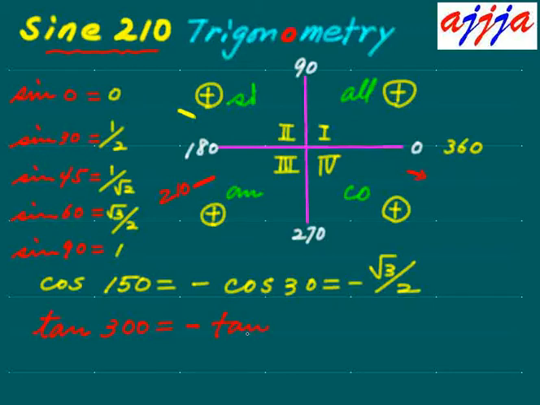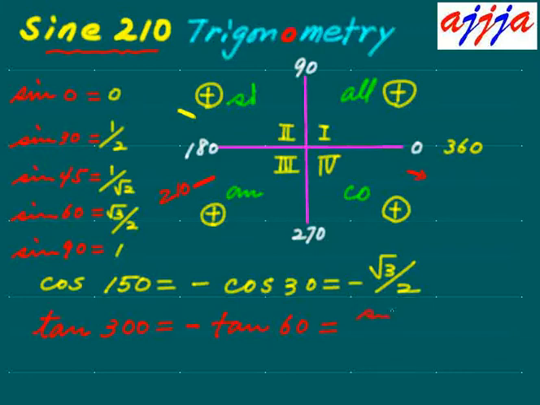Alright, next one. You have to use tangent again. Still the same thing. Now you have to find the difference from the horizontal line, which is 360, or 0, it doesn't matter. This one is 300, so you use 360. 360 minus 300 is 60 degrees.